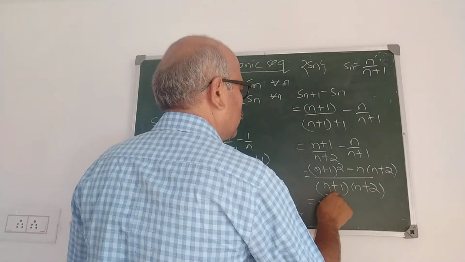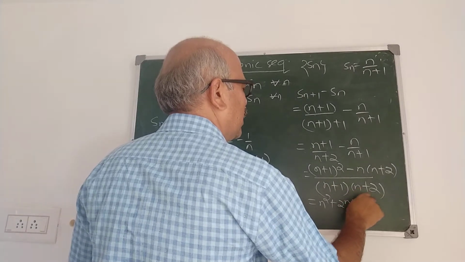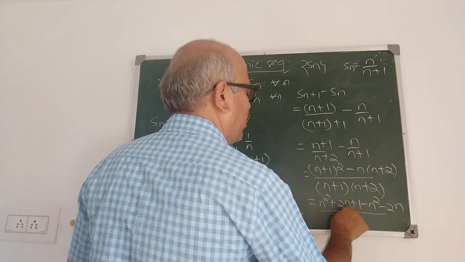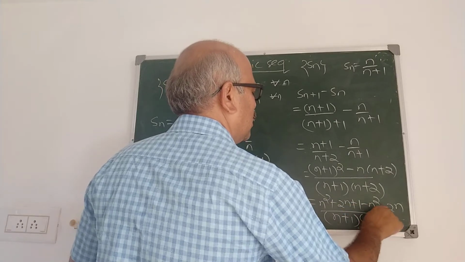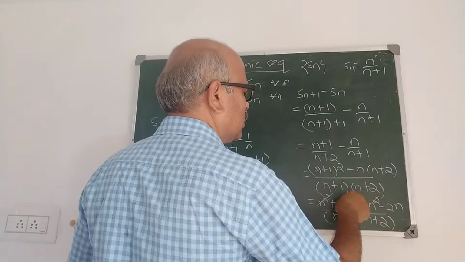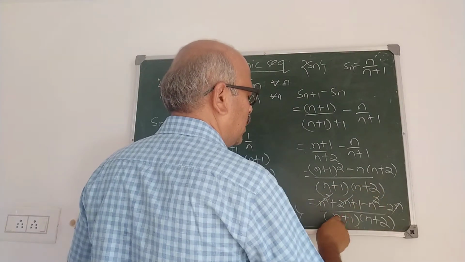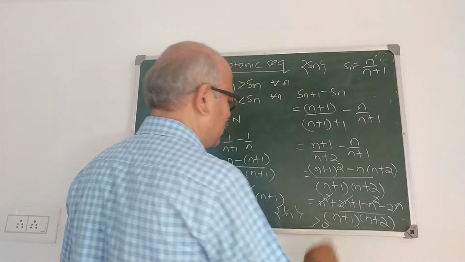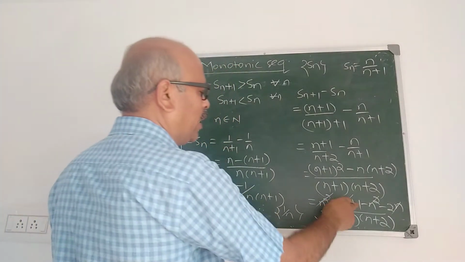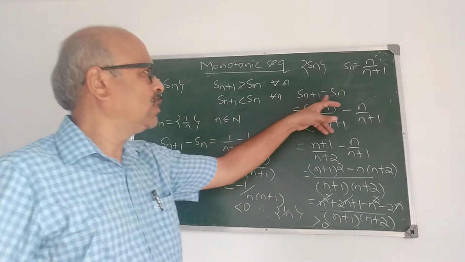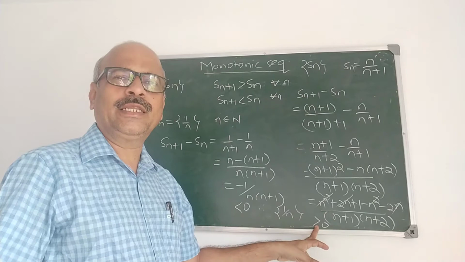Therefore, n square plus 2n plus 1 minus n square minus 2n upon n plus 1 into n plus 2. Correct? n square cancels, 2n cancels. It is 1 upon n plus 1 into n plus 2, which is greater than 0. Therefore, Sn plus 1 minus Sn is greater than 0.